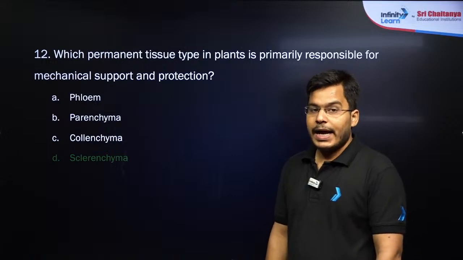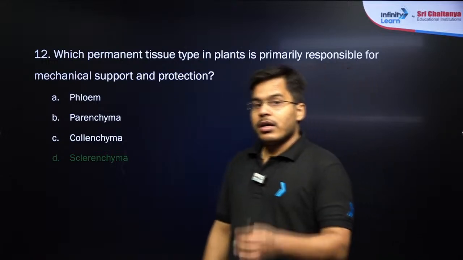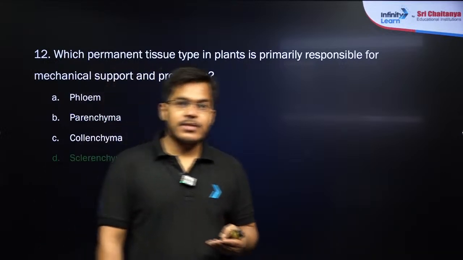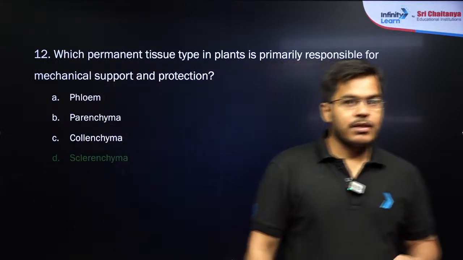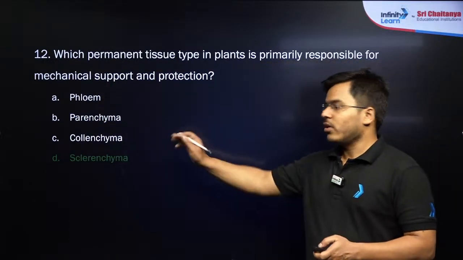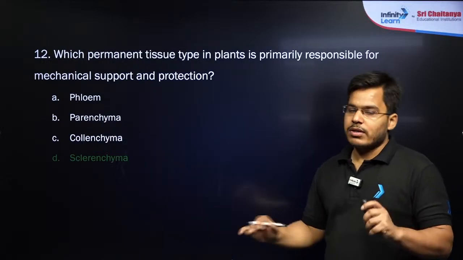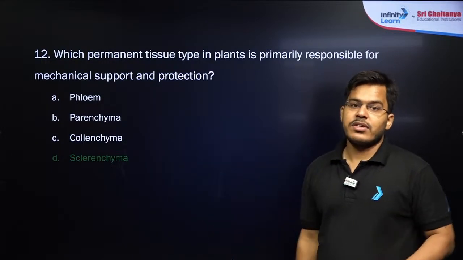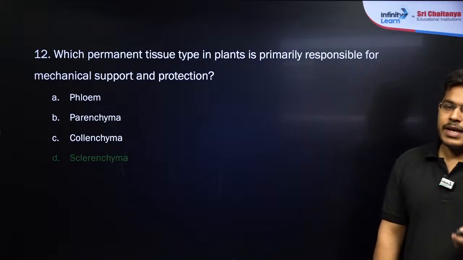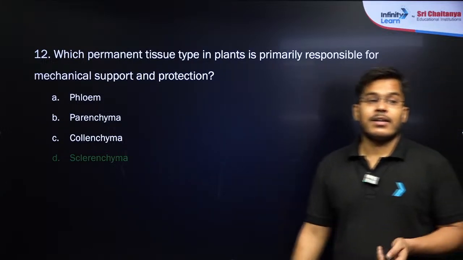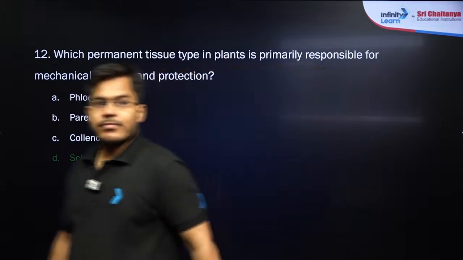And last point: when the word elasticity, giving the plant flexibility, is written, that particular permanent tissue is again collenchyma, whether sclerenchyma is written or not. If the words flexibility or elasticity are written in the question, then collenchyma will be the correct answer, right?